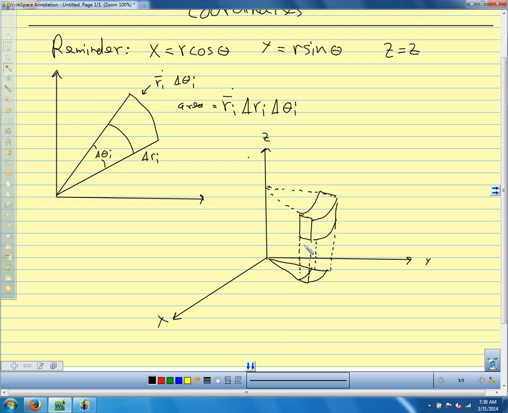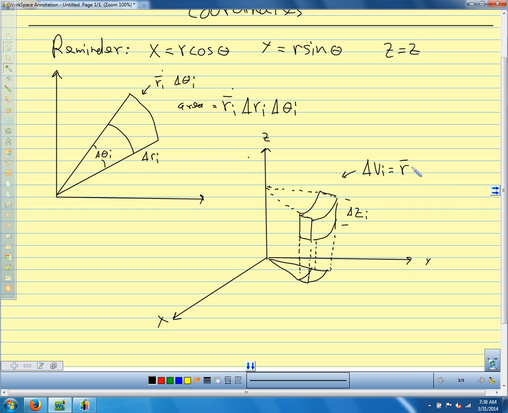The only thing we're adding here is that the area of the base of this little piece is the area of our region in the xy plane, r sub i, delta r sub i, delta theta sub i. This dimension here is going to be delta z sub i. So we have this little polar rectangle in the xy plane, and we're adding this delta z sub i to this volume element.